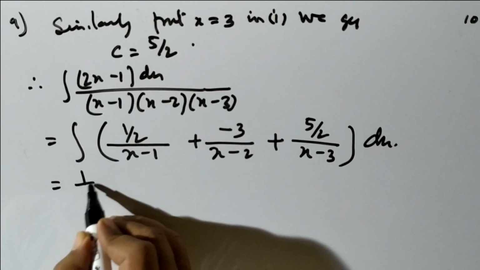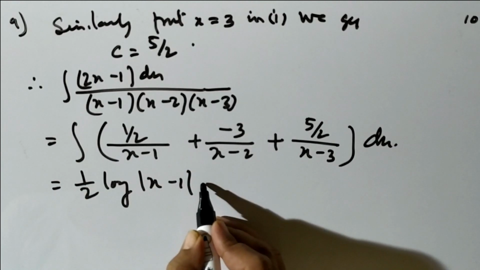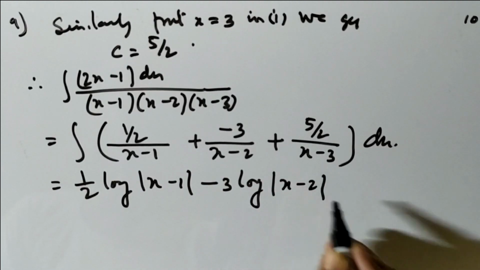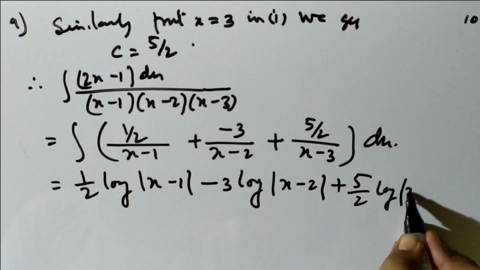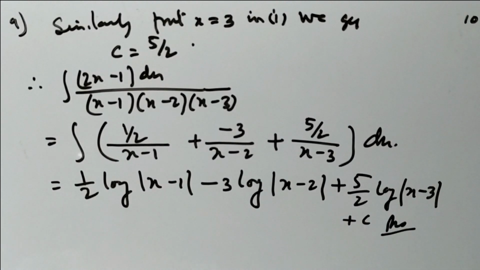This is equal to (1/2)log|x-1| - 3log|x-2| + (5/2)log|x-3| + c. Answer.